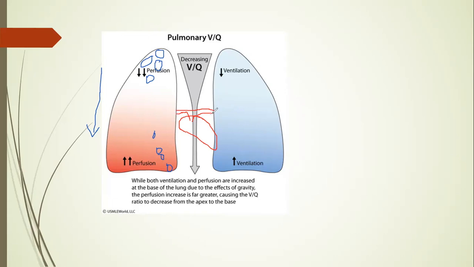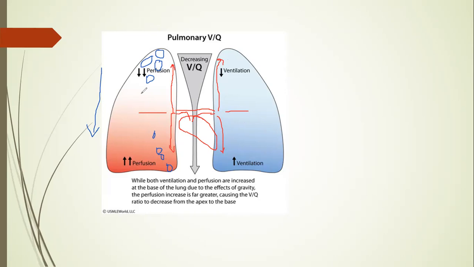Now these arteries have to pump blood all the way to the apex. But at the same time, we have blood that is going down to the base. And at this same time, we have blood that is just in the middle portion.